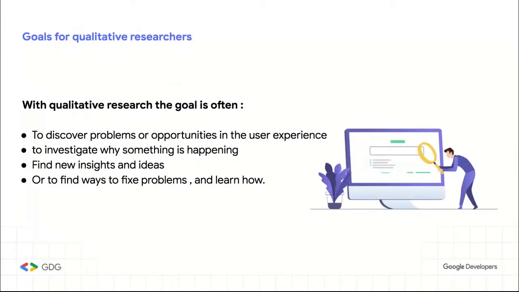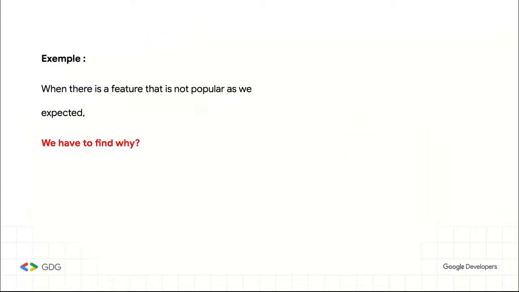And here we are going to see goals of qualitative research. Qualitative research's goal is to discover problems or opportunities in the user experience. The goal is also to investigate why something is happening, to find new insights and ideas, or to find ways to fix problems and learn how.